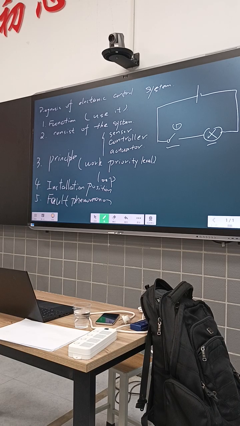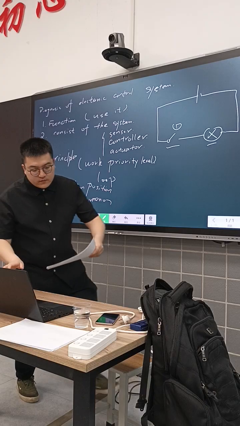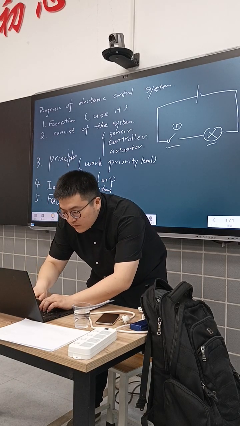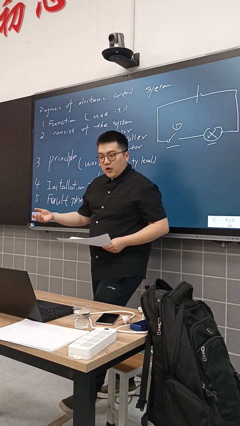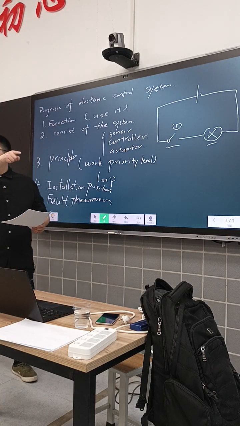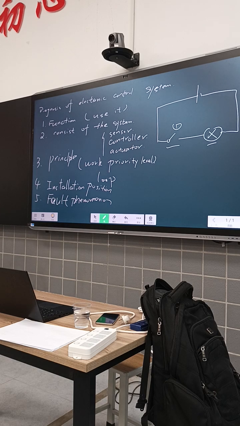Like yesterday, see the light, see the instrument in the car. We should see the instrument first and see the car function. The function is okay. Oh, you mean the dashboard? Yeah, the display screen.